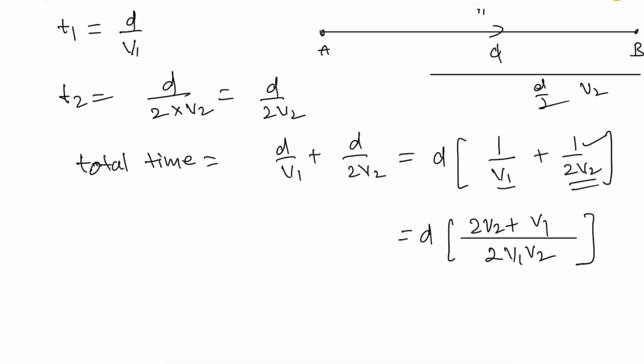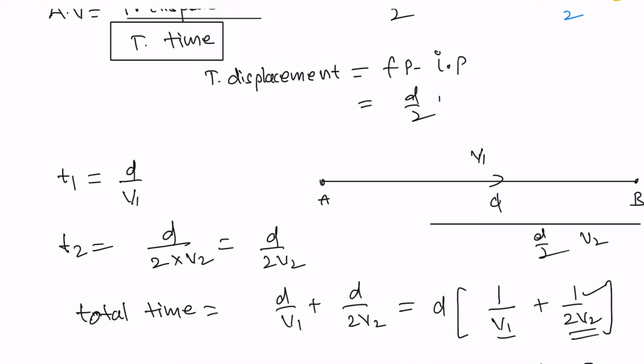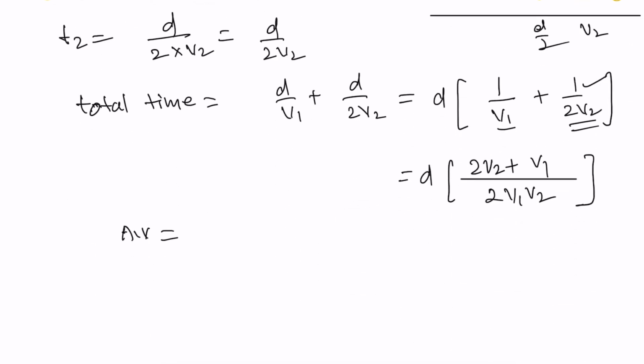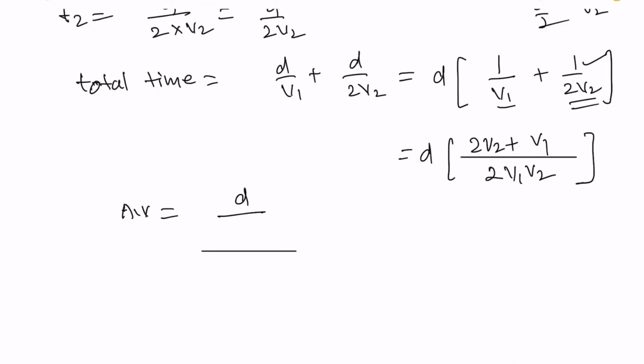What is the formula for average velocity? That is total displacement by total time. What is the total displacement here? That is d by 2, and total time is d into 2v2 plus v1 by 2v1v2.